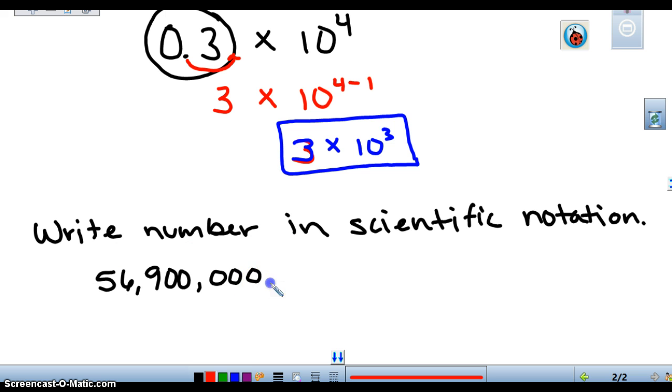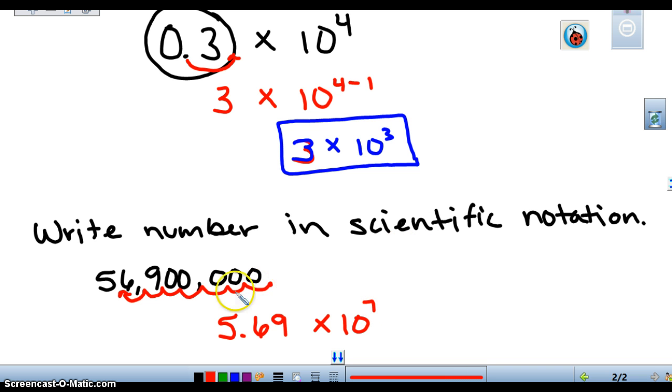After the last zero, right here. That means we have to move our decimal how many spaces? 1, 2, 3, 4, 5, 6, and 7. Yes or no? So what would our number in scientific notation look like? Times 10 to the 7th power.